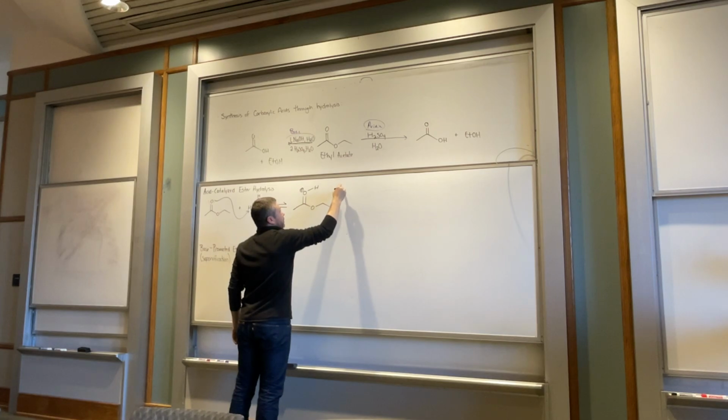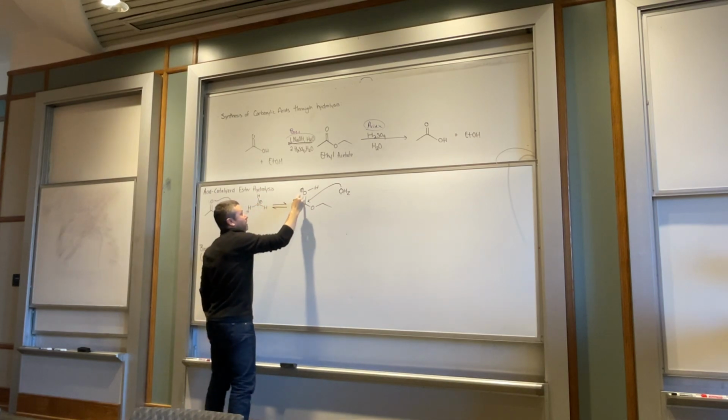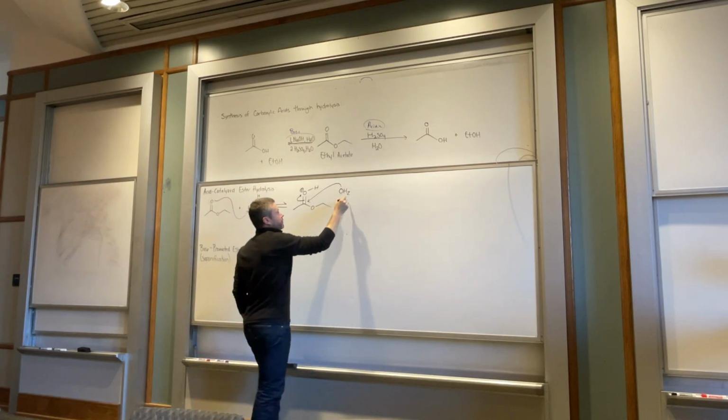At this point, because we have a really good electrophile, we can take our water, which is an okay nucleophile, and add it to the electrophile that we just formed.